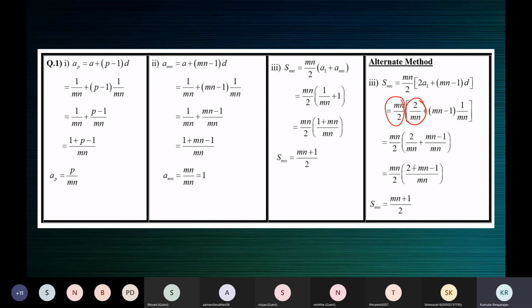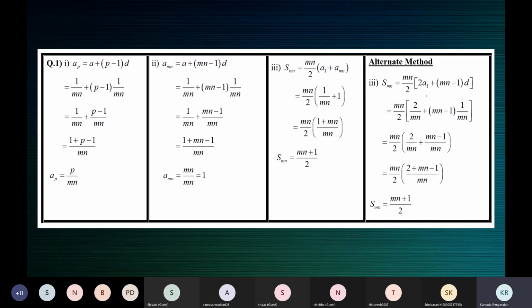Plus mn minus 1 into d. D we found 1 by mn. So mn by 2, 2 by mn plus, multiply this with this.